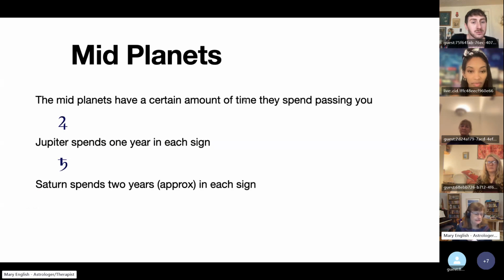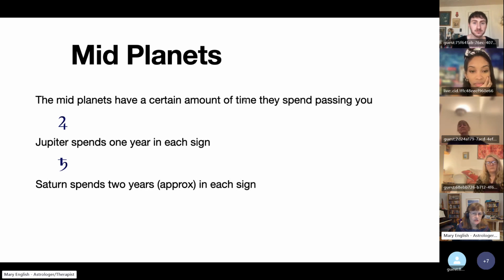Now the mid-planets have a certain amount of time that they spend passing you. Jupiter spends 1 whole year in each sign of the zodiac. So if you do the maths, it's going to spend 12 years going all the way around the zodiac, because it spends 1 year in each sign and there are 12 signs. And Saturn spends approximately 2 years in each sign.